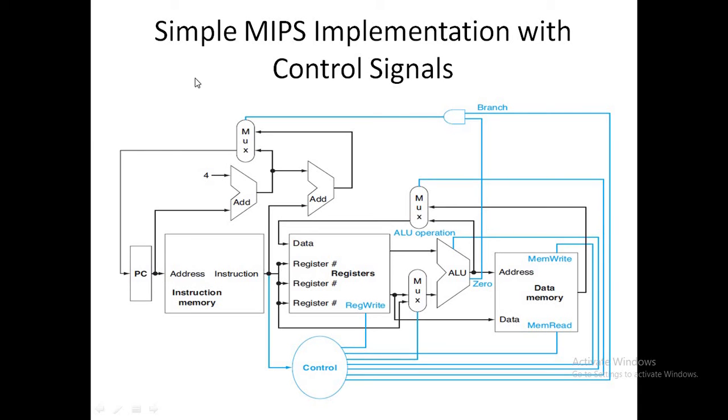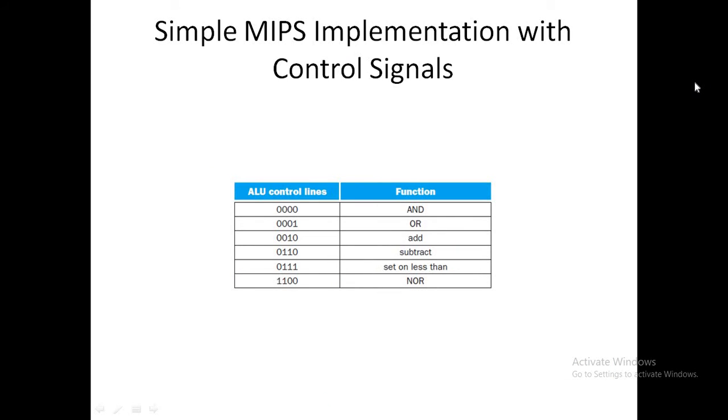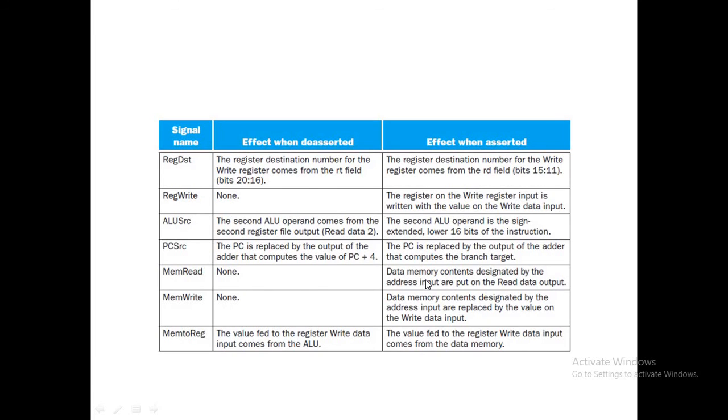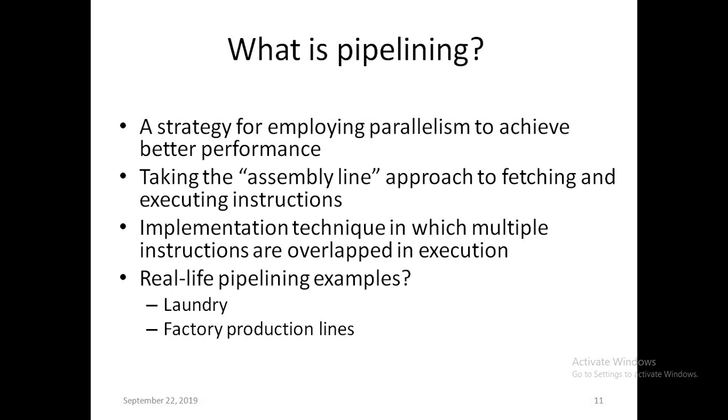So this diagram shows the same one, MIPS implementation with control signals. These are the control lines: 0000 is AND function, 0001 is OR, 0010 is add, 0110 is subtract, 0111 is set on less than, 1100 is NOR, like that.